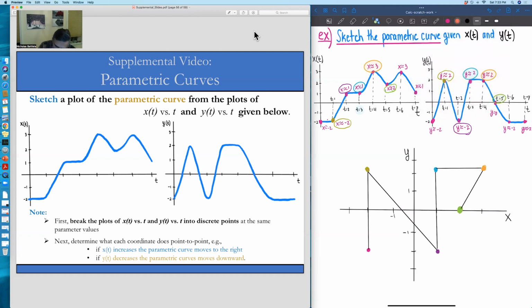So next, when t is equal to 6, our x value is back to being about 3. And when t is 6, our y value is about minus 2. So we're at x equals 3, so somewhere along this line, except we're told y is minus 2, so we are back down here. And again, we can connect those points along our curve, just to see where we're headed here.